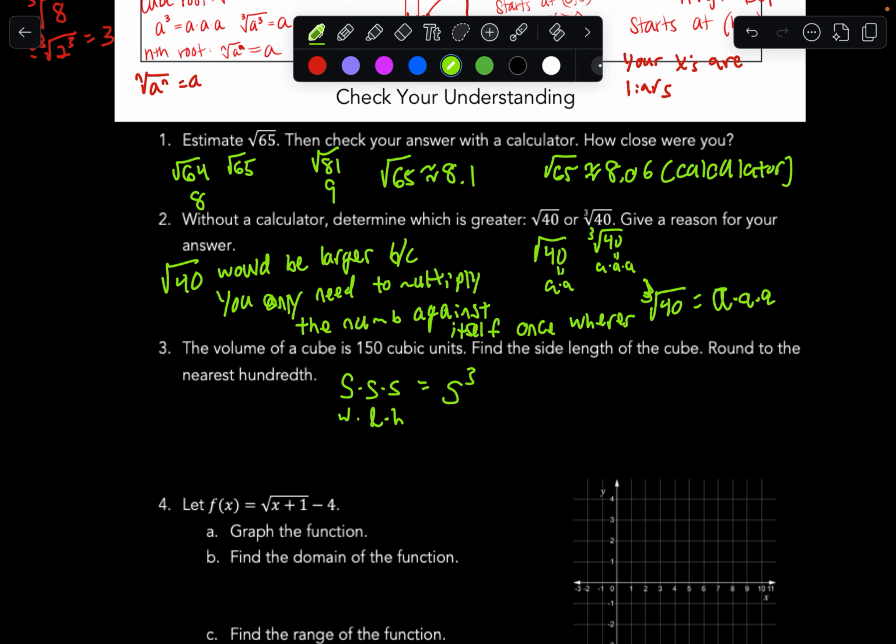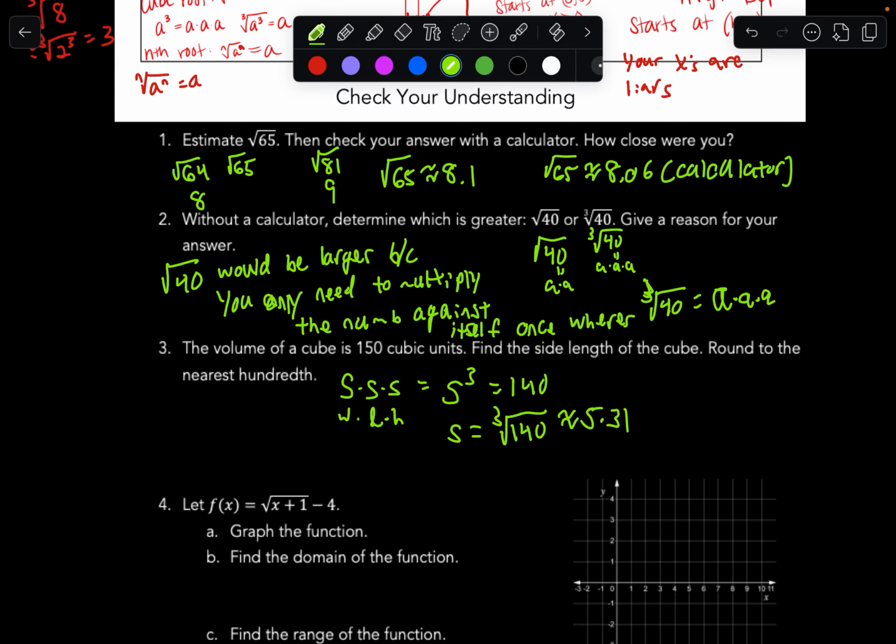So if s to the third power equals 150, s would equal the cube root of 150, because it undoes the cubing. Using a calculator, it comes out to be about 5.31.